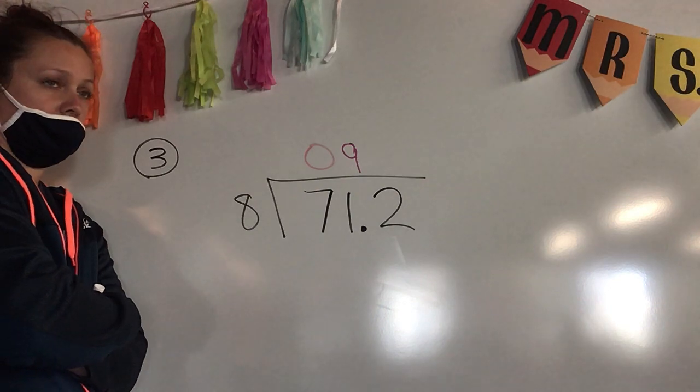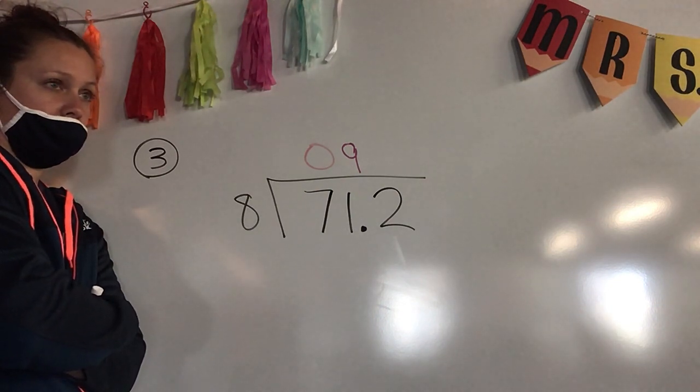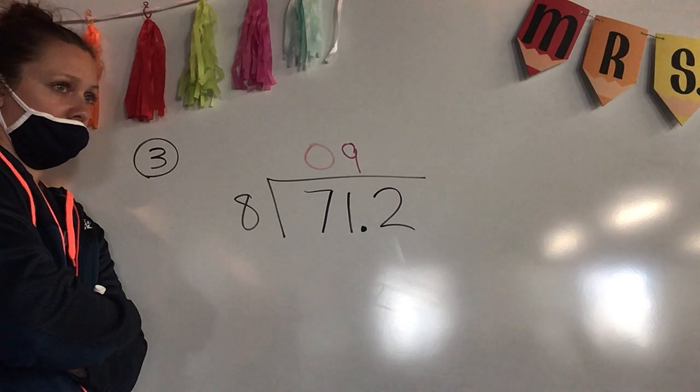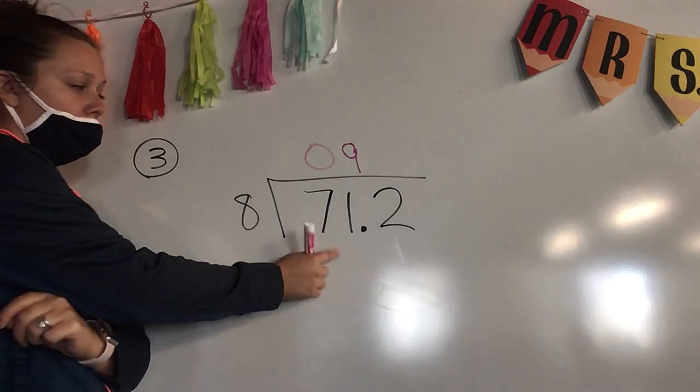You can stop at 8 times 9. Mason, what was 8 times 9? 72. Okay, did it work then?